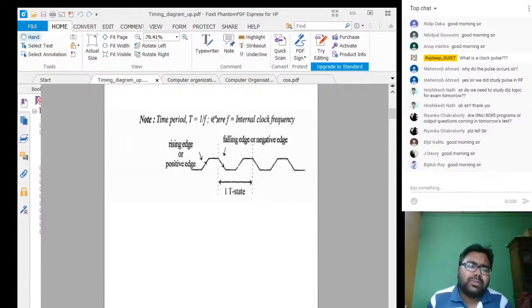If the frequency of the oscillator or clock is, say, 15 megahertz, it is roughly producing 15,000 pulses per second. So what will be the duration of a single pulse? It is basically 1 by f. This is also known as a T state. What does a T state represent? It is the time duration for a single clock pulse.